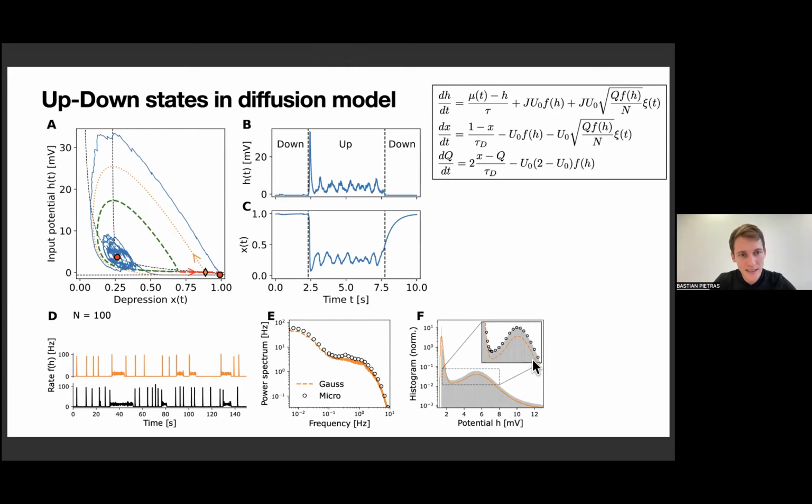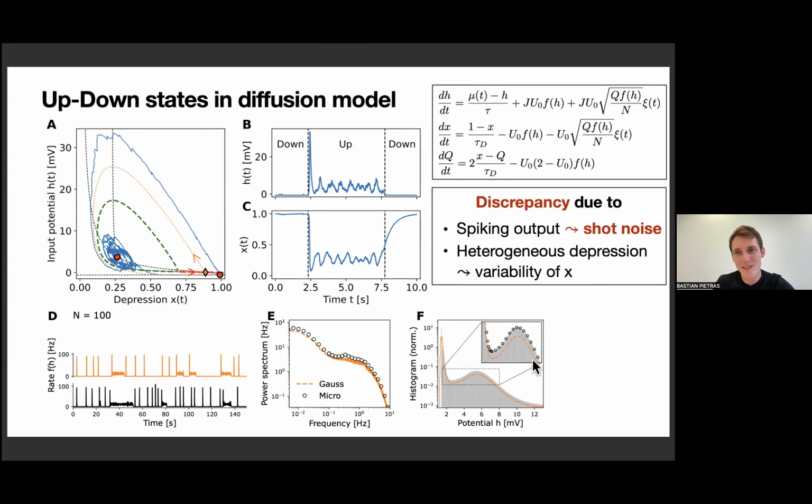But the nice thing here is that we can make up for these deviations, because the discrepancy that we see between our mesoscopic diffusion model and the microscopic network is due to the spiking output, this Poisson shot noise.